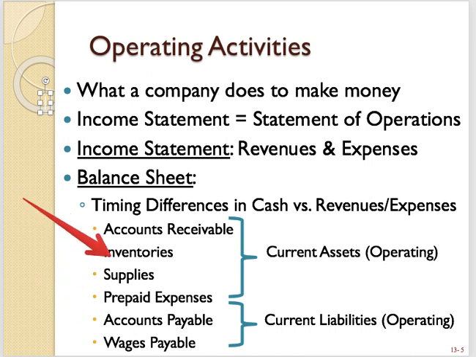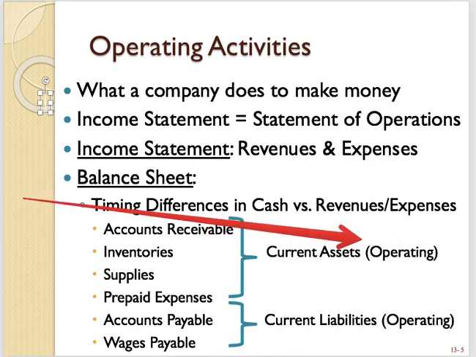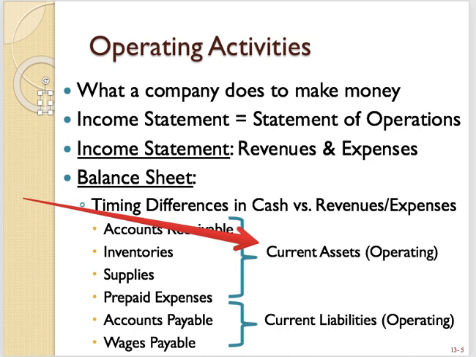So you could kind of say the area of the balance sheet you would look at, if you notice, all of these are considered current assets. And we talked about what current meant when we were doing chapter 9. But these are all current assets. And when I say operating assets, I mean the current assets that have to do with the operations of the business, right?